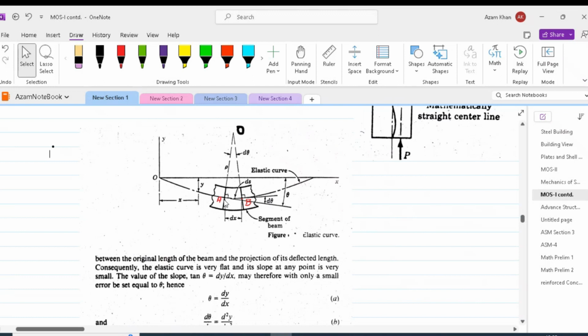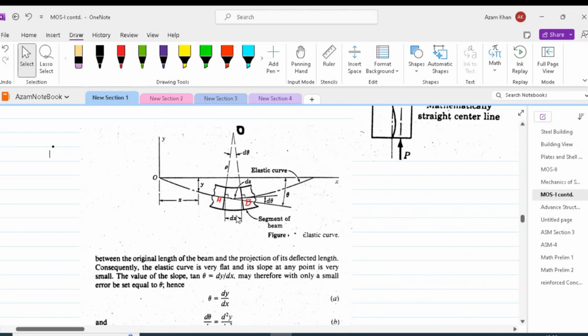Since we are dealing with small deflections, AB, which is of length ds, or which is an arc of a circle, can be considered equal to dx. The slope of this elastic curve would be equal to dy by dx, considering the x-axis is in the horizontal direction and the y-axis is in the vertical direction.